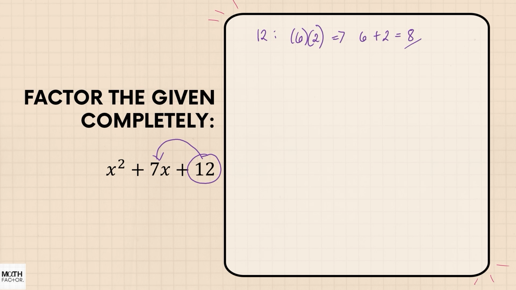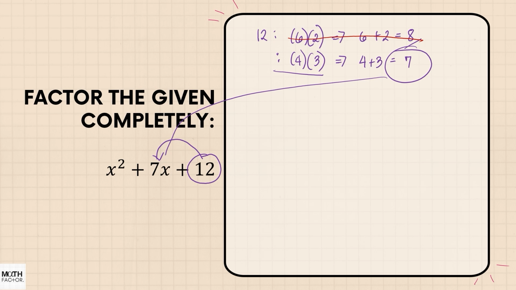So we need to look for other factors. Let's say we have 4 times 3. If we add these two factors, 4 plus 3, the sum would be 7. And since these factors match our middle term, therefore, the factors of this given trinomial would be x plus 4 and x plus 3.